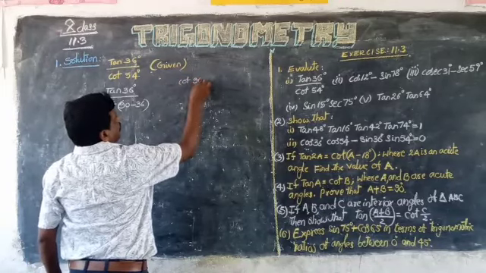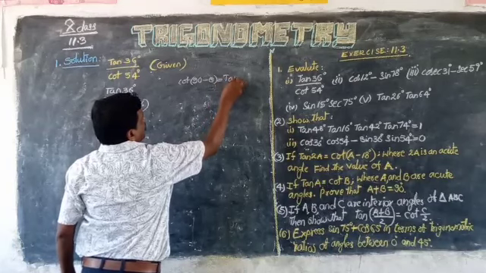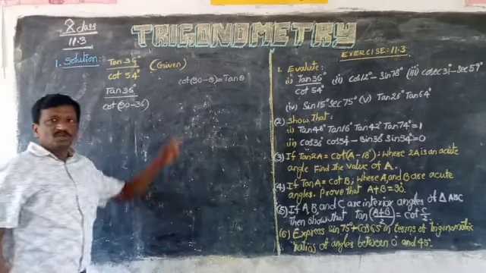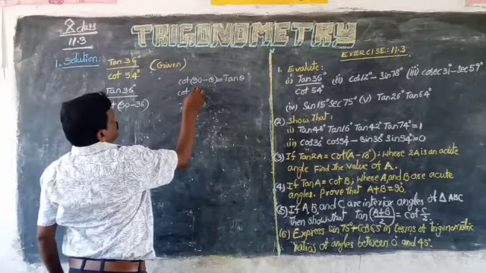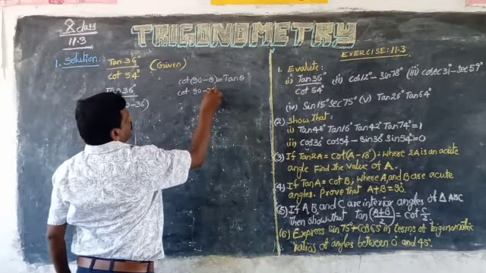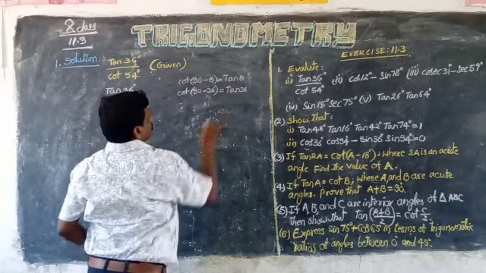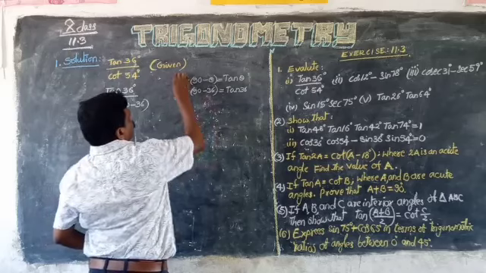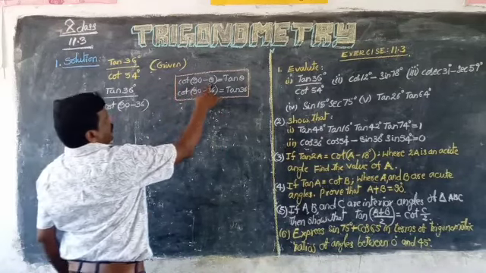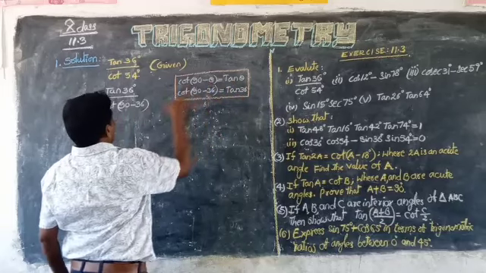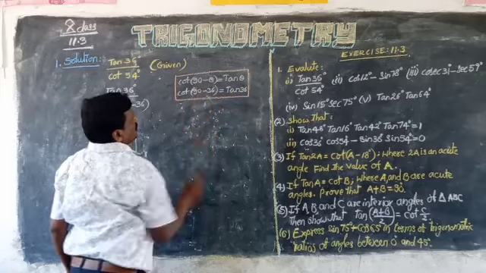Cot 90 minus theta is equal to tan theta, so cot 90 minus 36 is equal to tan 36.